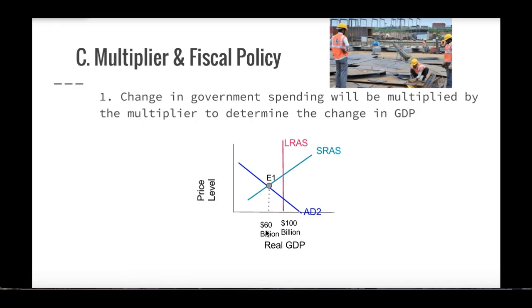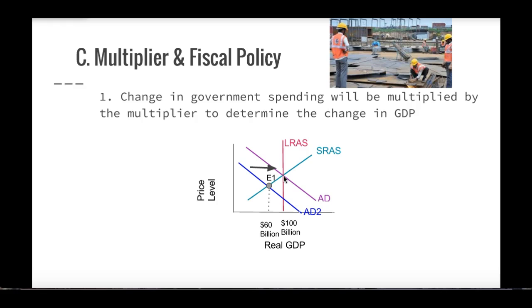Now, the question is, the government wants to fix this, so they're going to do some sort of fiscal policy to move our aggregate demand curve to the right. That's essentially what we want to do, so that we eventually get to this point here and we get to our full potential. So let's ignore taxes and transfer payments for a minute, and let's just assume that they're going to do government spending.